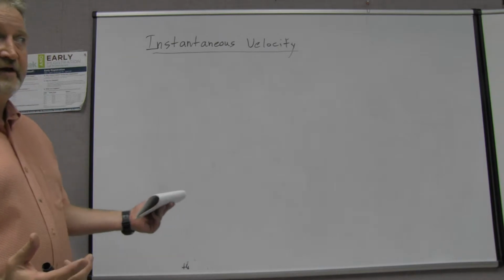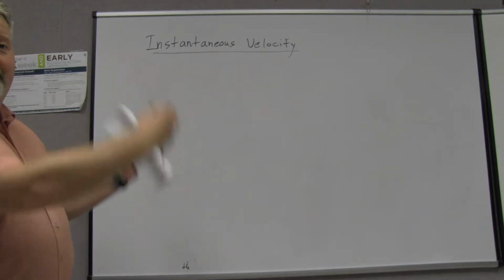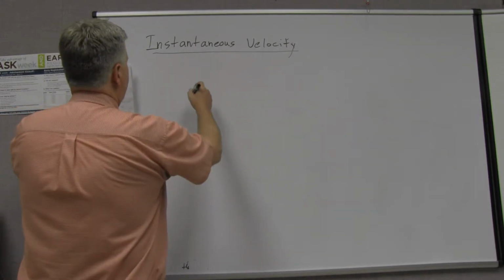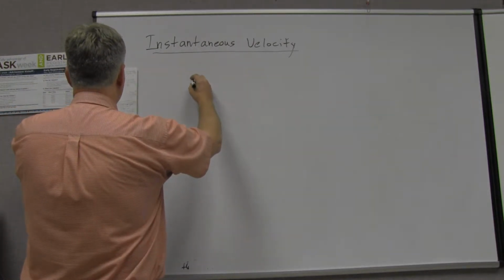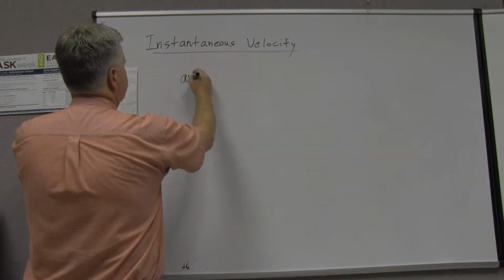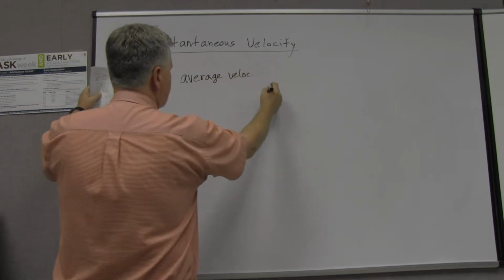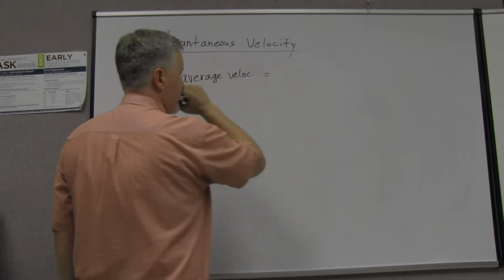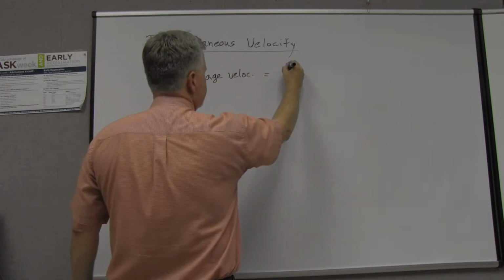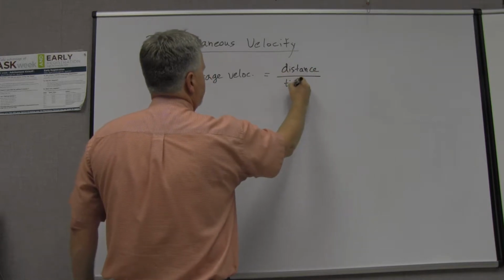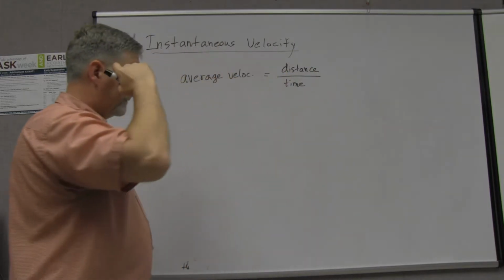And the answer is yes, I can do that with kind of the same idea. But I do start with what we technically call the average velocity. It's the distance traveled divided by the amount of time I've traveled.